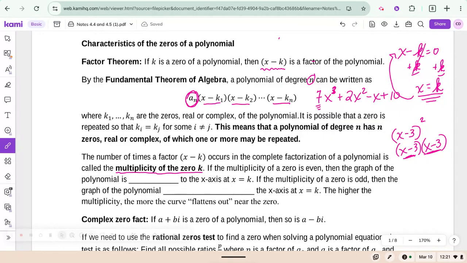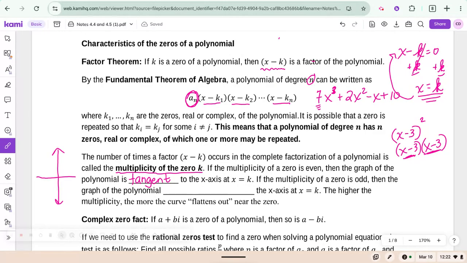If the multiplicity of a zero is even, then the graph of the polynomial is tangent to the x-axis at x equals k. So let me draw you a little picture of what that would look like.